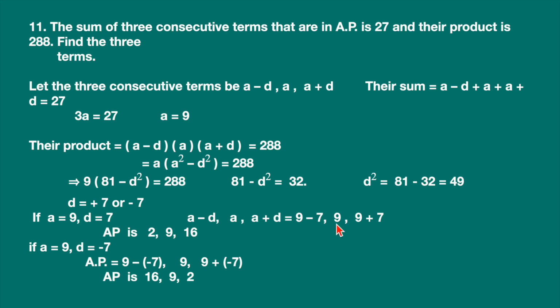Then this is 2, 9 as it is, 9 plus 7 is 16. So the AP will be 2, 9, 16. Supposing d is minus 7, because we got 2 values of d, plus 7 and minus 7. Then again you substitute, you will get AP as 16, 9, 2.